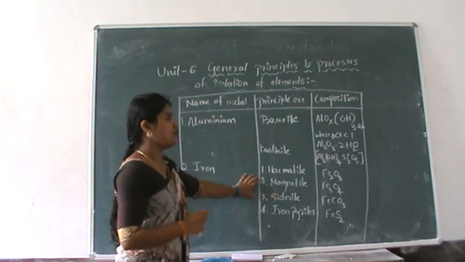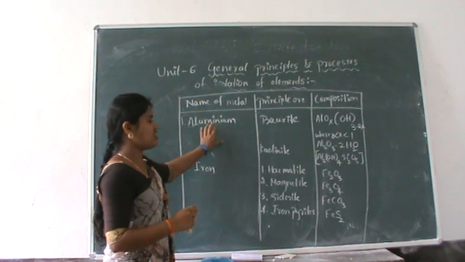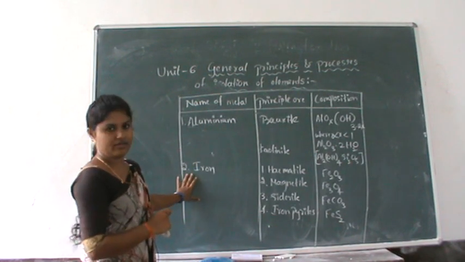These are all some of the principal ores of metals like aluminium and iron.